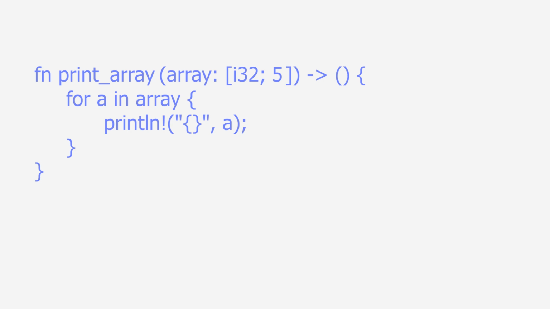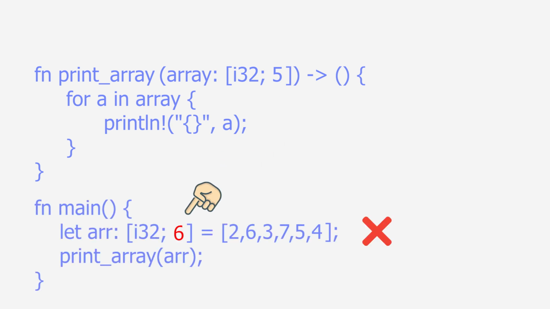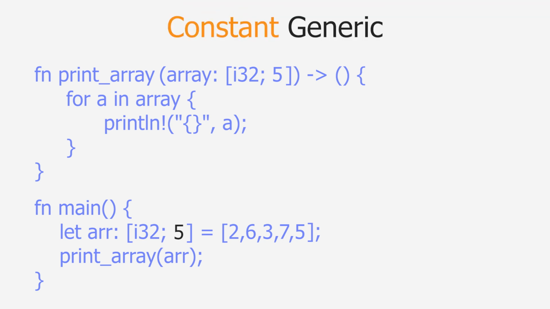Imagine a function that accepts an array and prints all the elements in that array. So when declaring this function, we need to specify the array length. And if we mention a specific length, then we can't send an array of any length we want. We always have to send the array of that specific length. What we really want is to have the function accept array of any length. That's when we can use something called a constant generic.